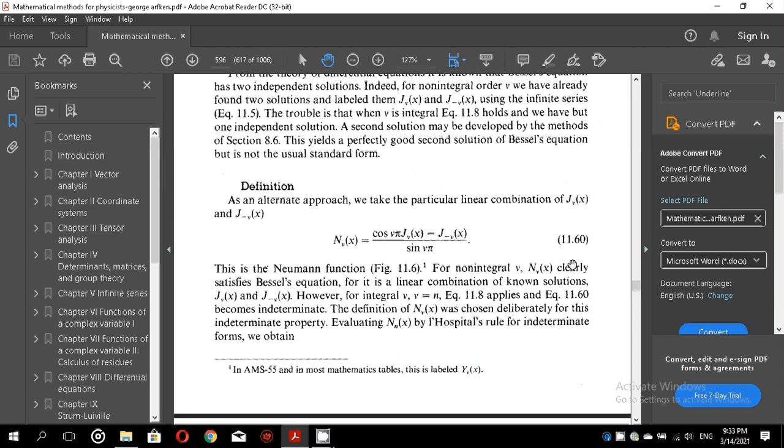N nu x clearly satisfies Bessel's equation, for it is a linear combination of two known solutions, J nu x and J minus nu x.